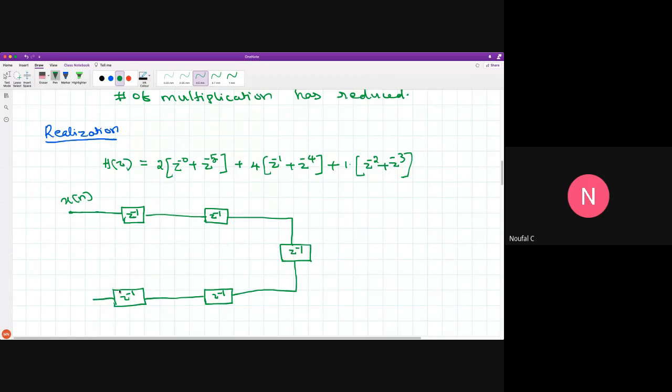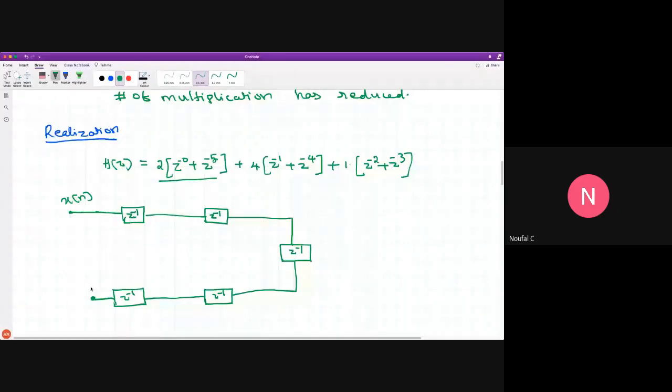Okay, now let me realize this structure by using the first term first. So you have z raised to minus 0 and z raised to minus 5. You know that x of n minus 5, or X of z into z raised to minus 5, is available at this point. So I'm taking that value at this point.